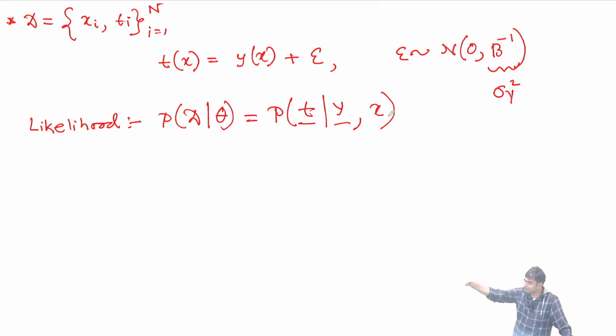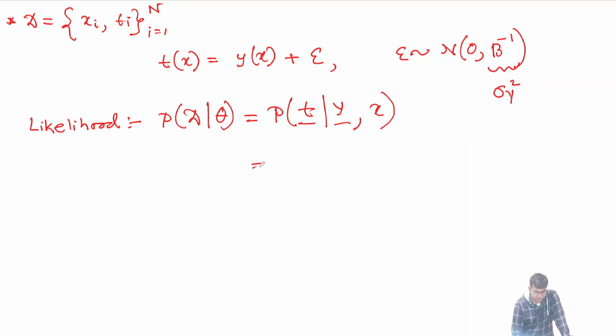What is the form of this distribution? Gaussian, multivariate Gaussian. What is the mean? y. What is the covariance? Sigma square I or beta inverse I. The same thing we did last time, nothing new.